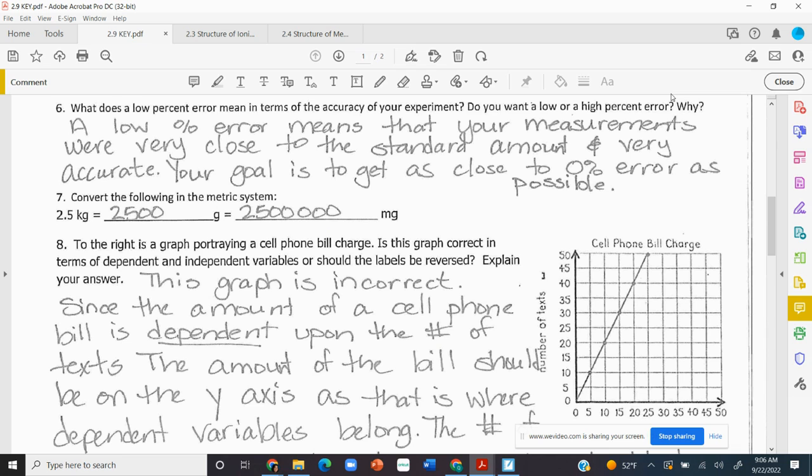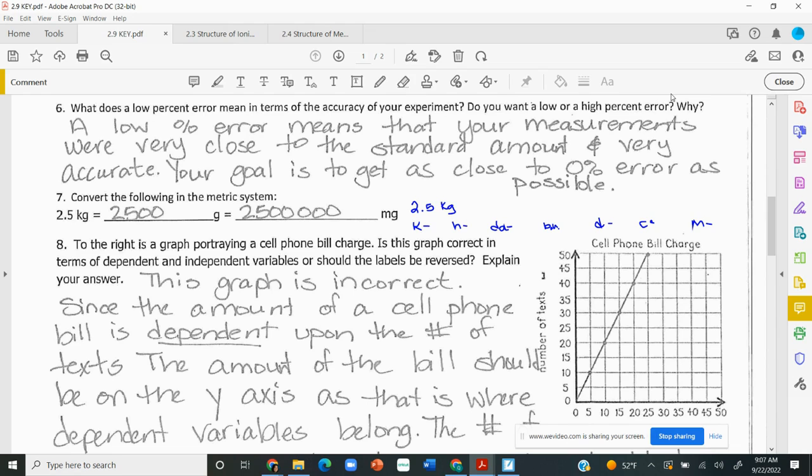All right, so here we're going to convert the following using the metric system. We have 2.5, and that is kilograms. I'm going to give you this chart. This is your base unit here. I'm going to give you this chart tomorrow for the test, so you don't have to have it memorized.